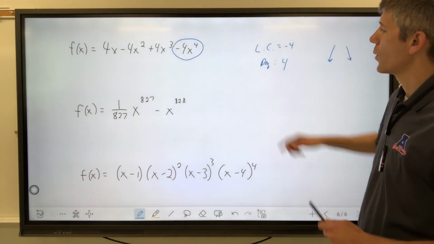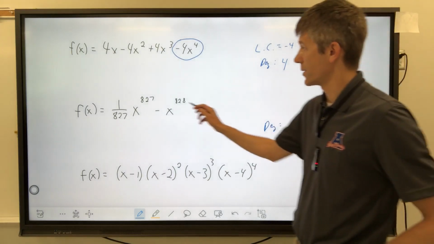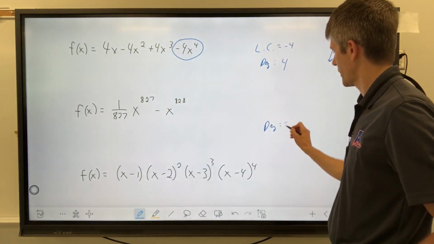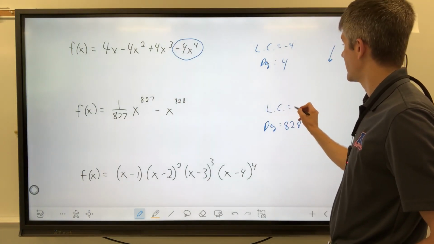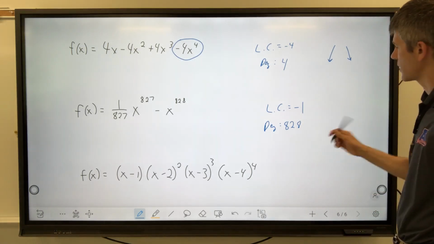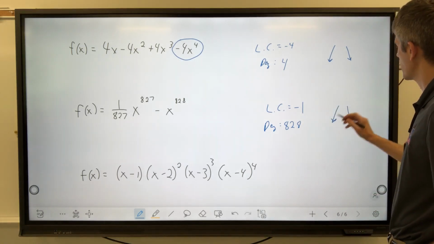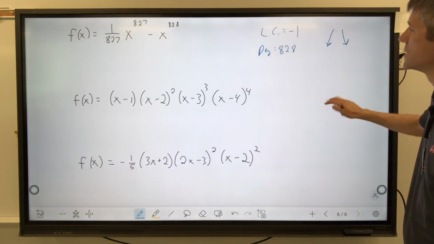Okay, what's the degree? Let's start with the degree this time. The degree, oh, there's a high number. There's a slightly higher number. That's it, 828. Leading coefficient is -1. We have an even degree, a negative lead coefficient, so there we go, down, down. All right, a couple more.